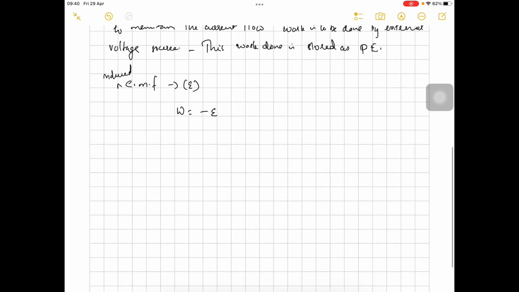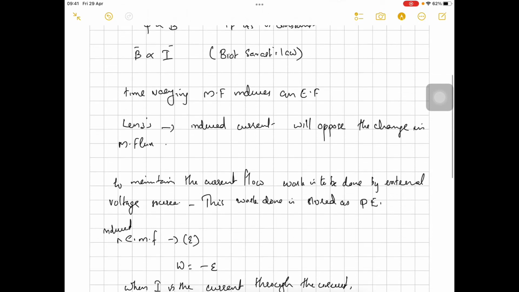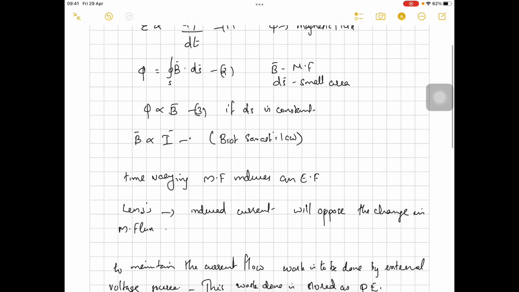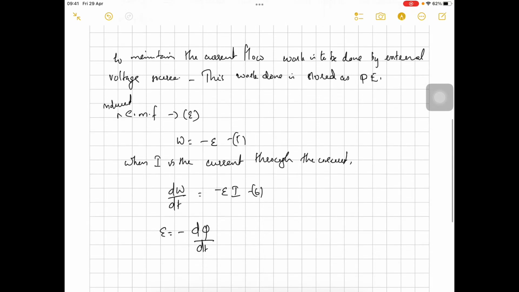Suppose I is the current flowing through that circuit, and we want to maintain this current I. Then the work done per unit time, dW by dt, is equal to minus epsilon I. And we know epsilon is equal to minus d phi by dt from equation number 1.